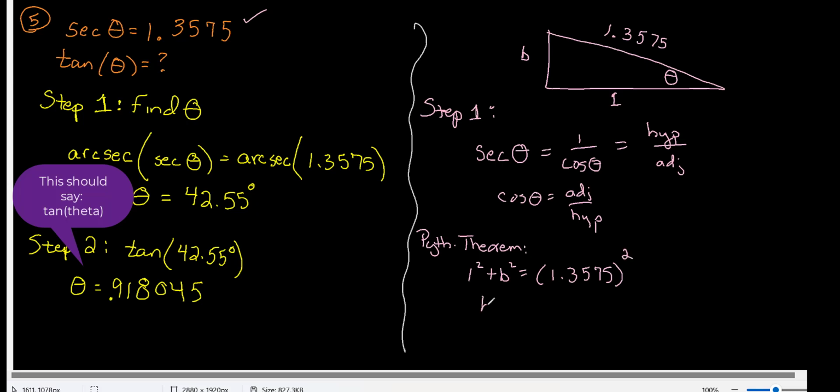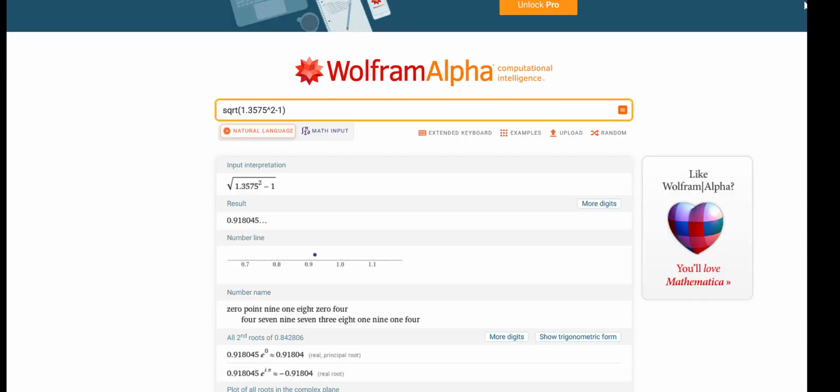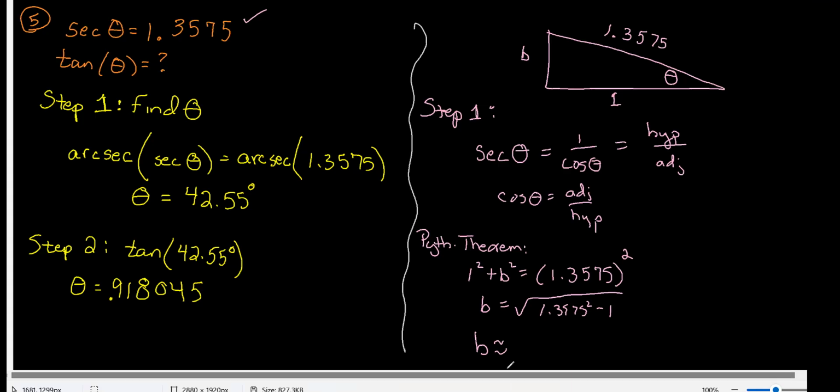Solving for b, we're going to do the square root of 1.3575 squared minus 1. So we'll need to head into technology to figure that out. And this is telling us that that side would be 0.918045. So let's write that down.